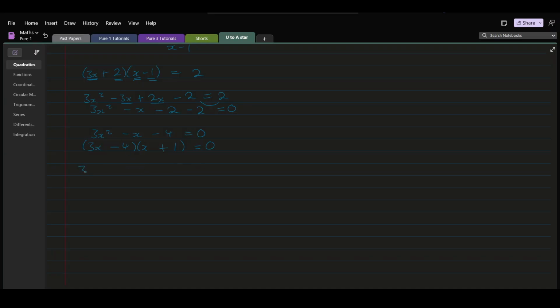So you end up with 3x minus 4 is equal to 0, x plus 1 is equal to 0. So this becomes 3x is equal to 4. So x must be 4 over 3. And then here x is equal to negative 1. So your final answer would be, therefore x is equal to 4 over 3, x is equal to negative 1.